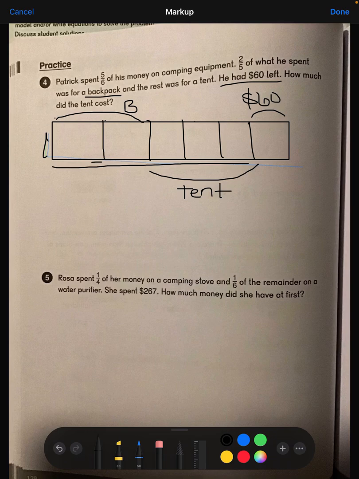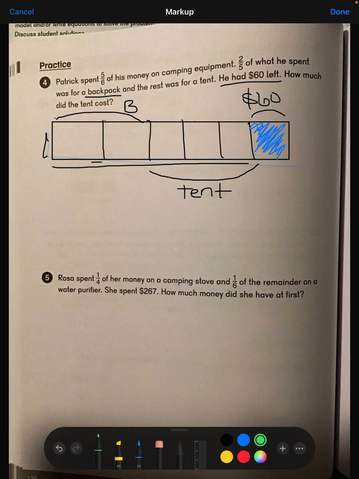In order to figure out how much the tent costs, we would have had to figure out how much one unit represents. And by going through and identifying what could be drawn from every single one of the sentences, we were able to realize that one of the units represents $60. We need to know how much 3 of those units are.